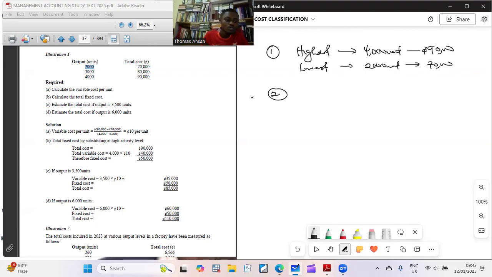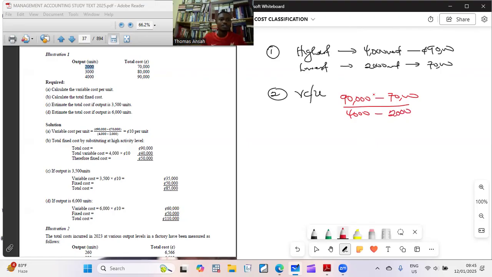Step 2, what did we say we do in step 2? We calculate the variable cost per unit, right? And how did we say you do the variable cost per unit? What do you remember? The cost at the top. So here will be 90,000, the highest level, minus the lowest level, which is 70,000, all over the highest activity, which is 4,000, minus the lowest activity, which is 2,000.